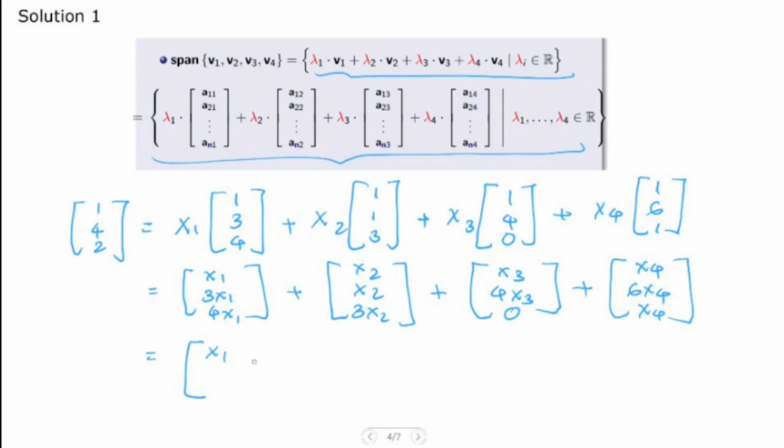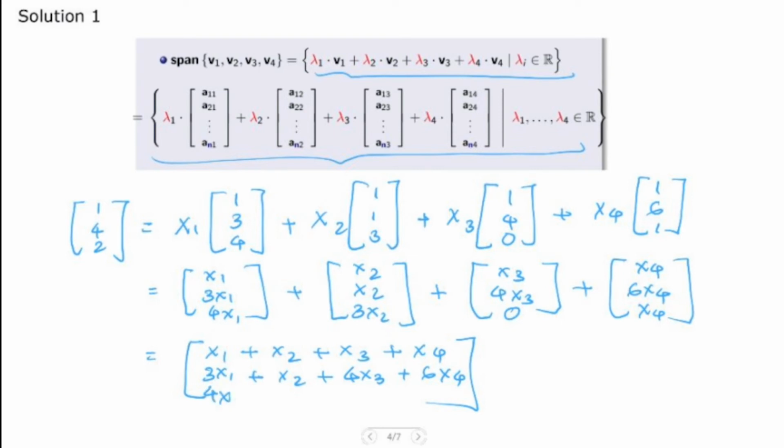So you have x1 plus x2 plus x3 plus x4. And here you have 3x1 plus x2 plus 4x3 plus 6x4.